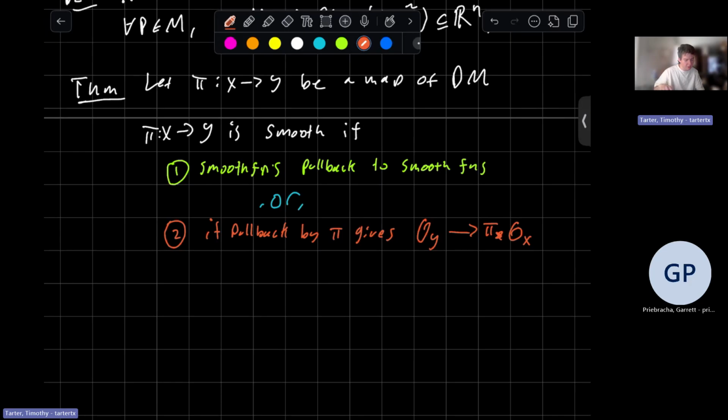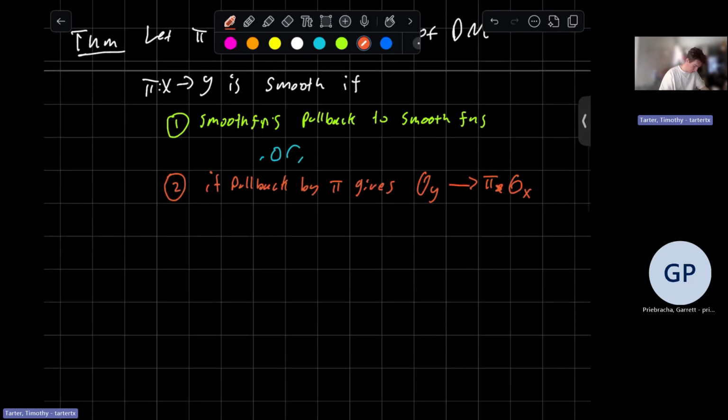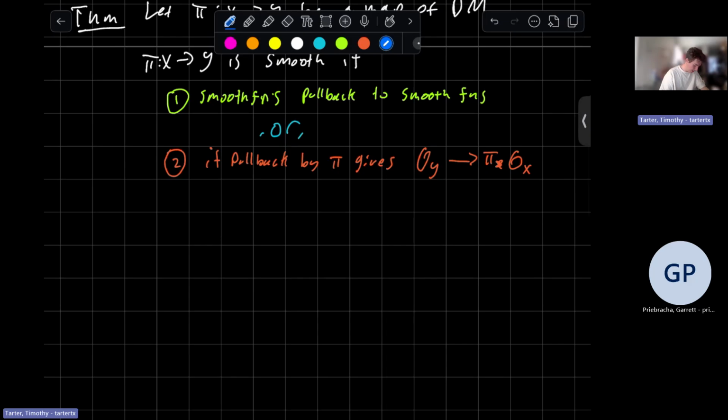Okay, this is the push forward, and this admits the pullback.